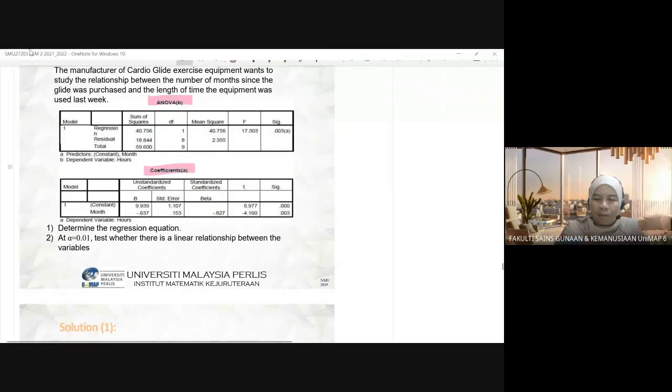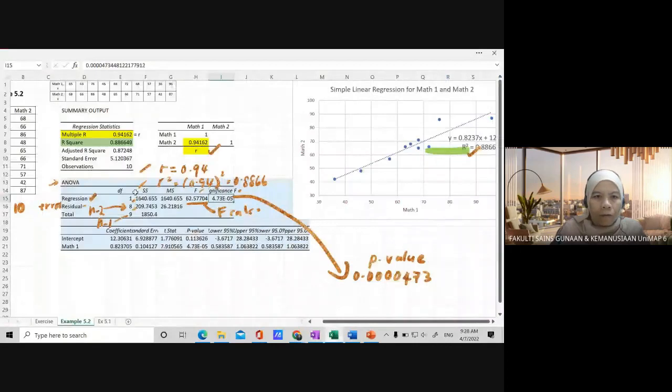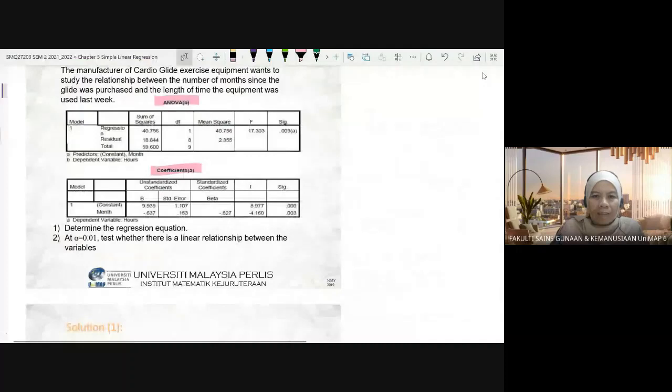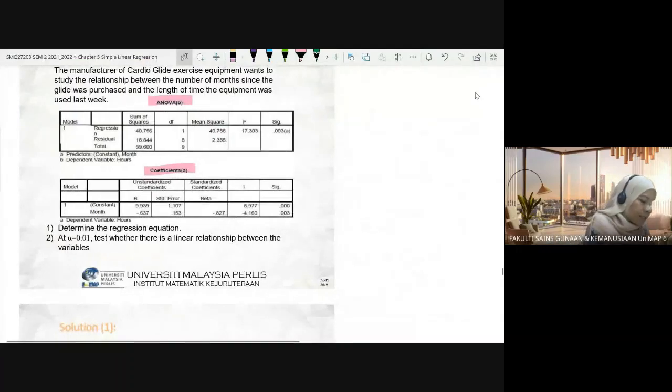If you refer to your Excel, you also have the ANOVA table and this coefficient table, with the intercept and Math 1. From this example, the information that is useful for you would be this one.